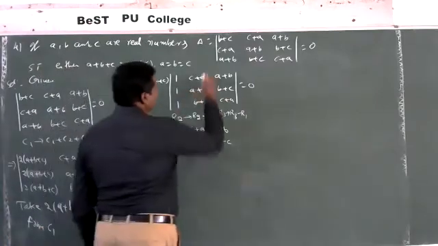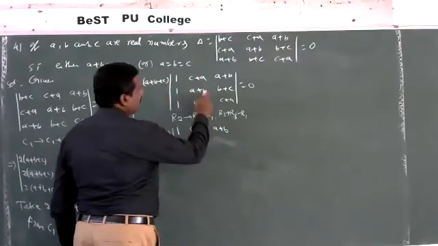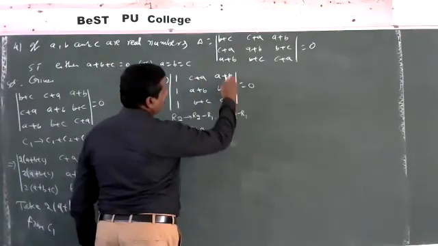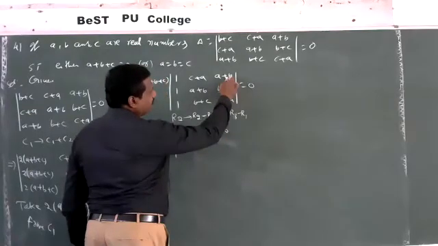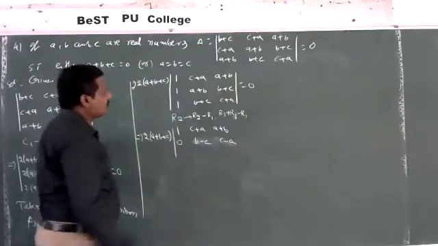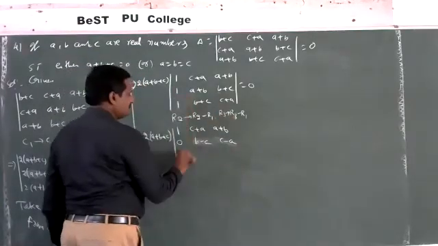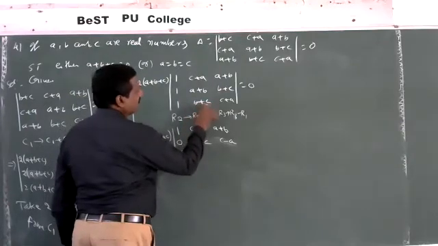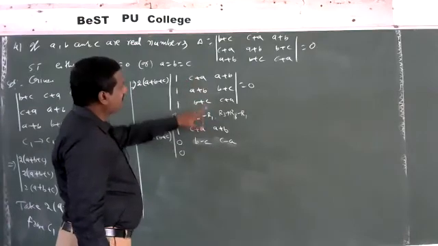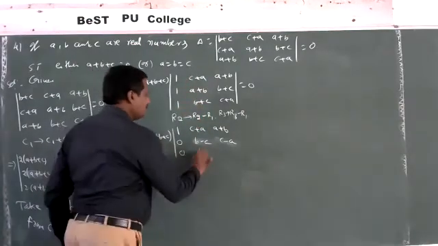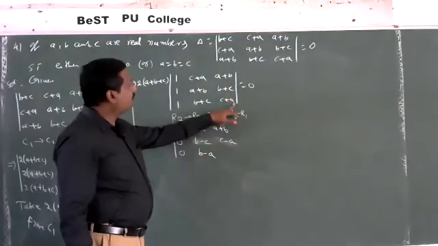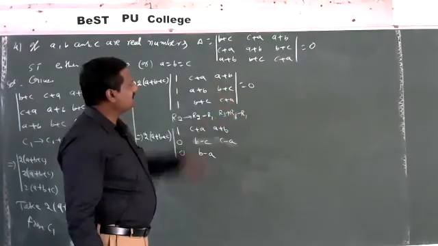Next R3 goes to R3 minus R1: 1 minus 1, 0; b plus c minus c minus a, c gets cancelled, then it is b minus a. It is c plus a minus b plus a, a gets cancelled, it is c minus b.